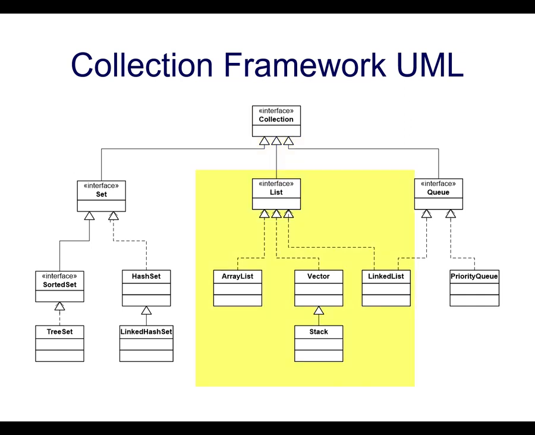The one at the center of this diagram is the List interface. As previously mentioned, a list is a linear collection with the ArrayList and LinkedList classes as two of its implementations. Notice that there is a third class that implements the List interface. It is the Vector class.